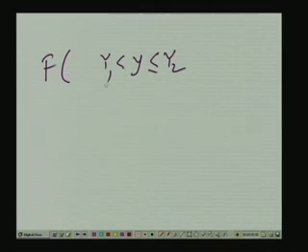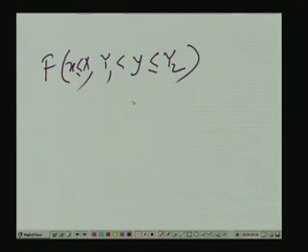By the same logic, we can say that the probability that y lies within two limits, y1 and y2, and x less than or equal to some X. I don't think I have to repeat anything.